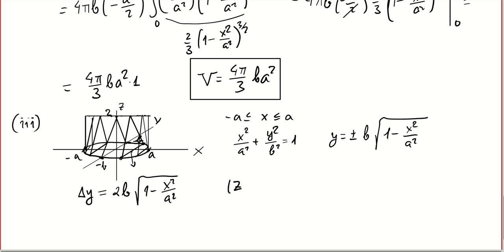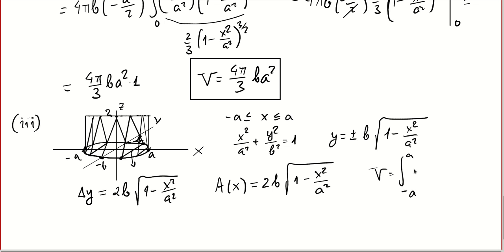The area of the triangle at a certain cross section x is given by, as I said, 1/2 of 2 times this number here, so this is just equal to 2b times the square root of 1 minus x squared over a squared. And now all we have to do is integrate this area. To calculate the volume, we have to integrate this cross section along the whole interval.